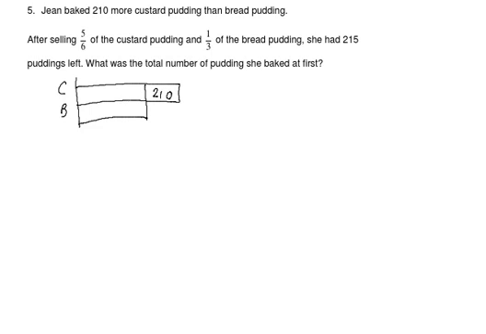So Jack read the question already? Okay. Now, after selling 5/6 of the custard pudding and 1/3 of the bread pudding, she had 215 pudding left. So this is the before.